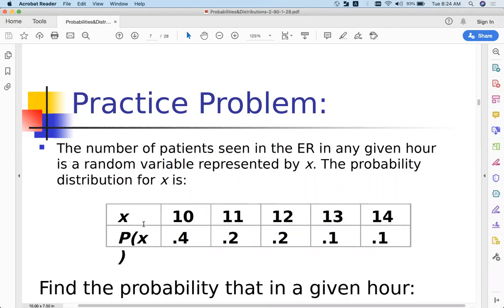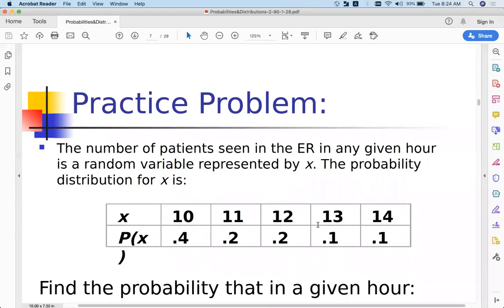So for example, x equal to 10 means that there is a 40% probability that the number of patients coming in the next hour is 10. So the way you interpret this table is that in the next hour in this ER room, emergency room, there is a 40% chance that 10 people will come, right?